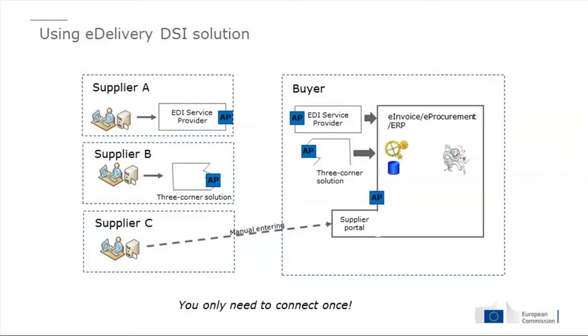And there are several questions that need to be considered here, such as, is it only invoices I'm going to use, or will I also be connecting with orders and catalogues? Is this something that is already offered by my service provider? Is it already free of charge? Is it something that I have to pay for, to tender for? There are many questions for those who are planning to connect to an eDelivery network.